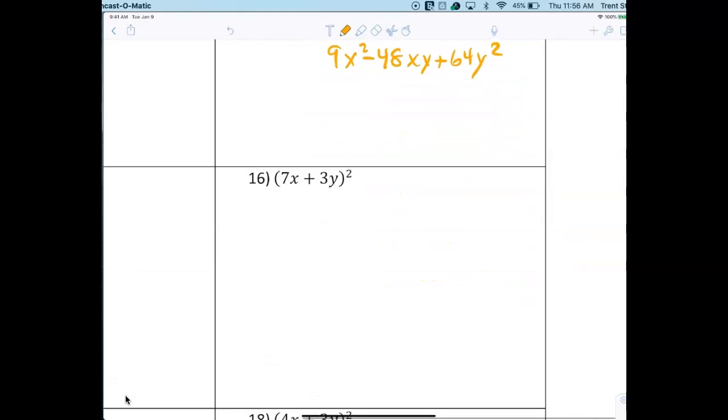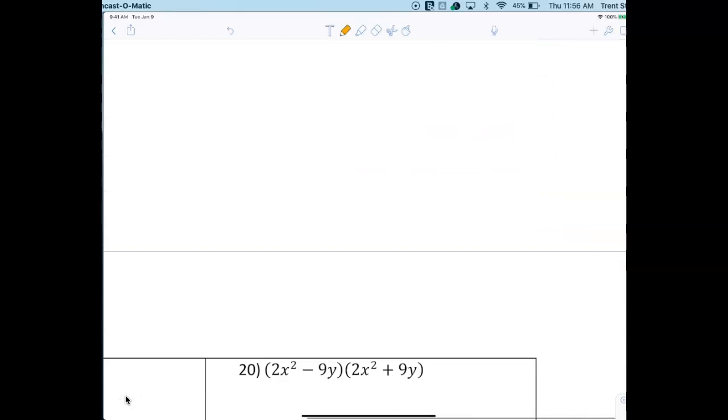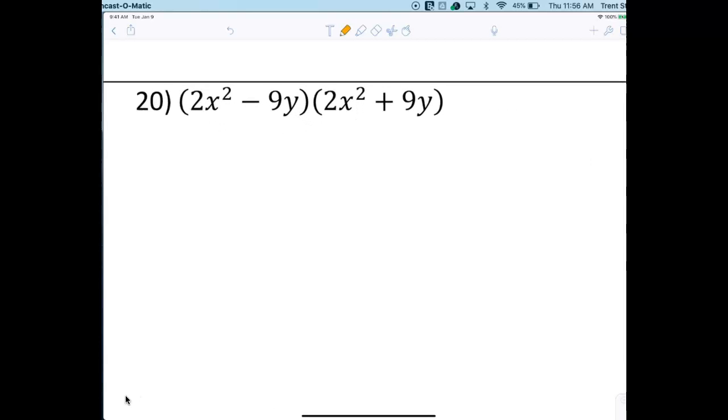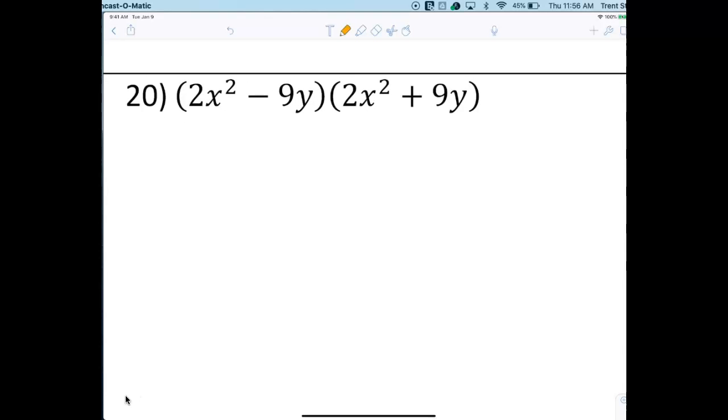Now let me scroll down to see if I can find something more exciting. Let's try 20 real quick. What's 2x squared times 2x squared? 4x to the what? Middle one.